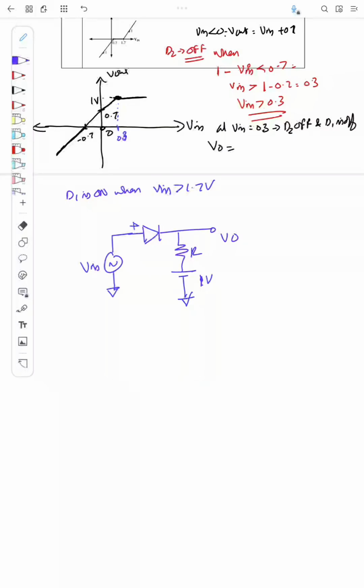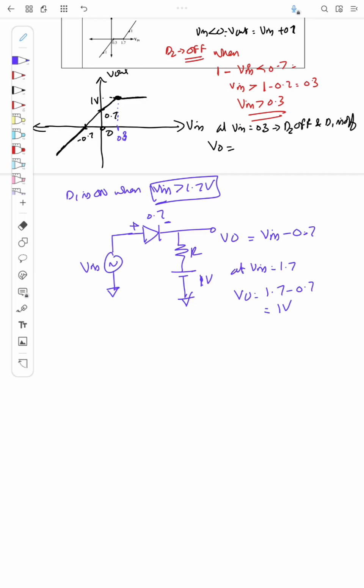When this is on, there will be a potential drop like this, plus minus. So Vout will be equal to Vin minus 0.7, and that happens at Vin greater than 1.7. So at Vin equal to 1.7, Vout is equal to 1.7 minus 0.7, that is 1 volt.